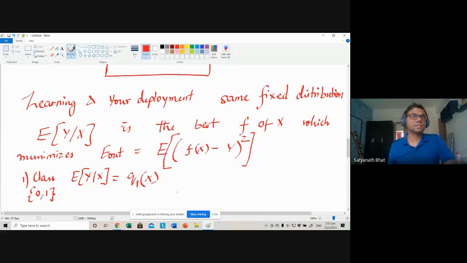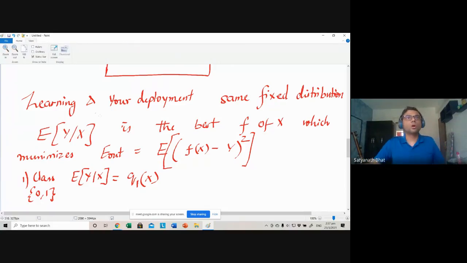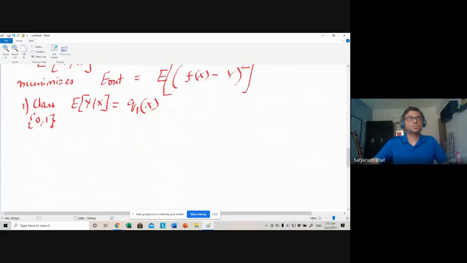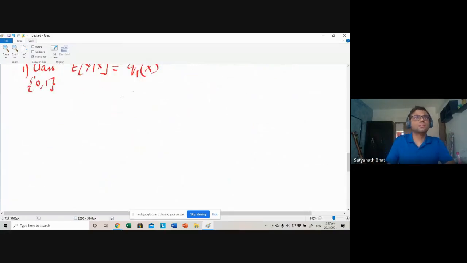This also we discussed. These are all the things that we have discussed, and I was just trying to recap because we are going to use this and move further from here. Now we will move on to a topic called logistic regression. That is a new topic that we are going to start. Are there any questions so far?